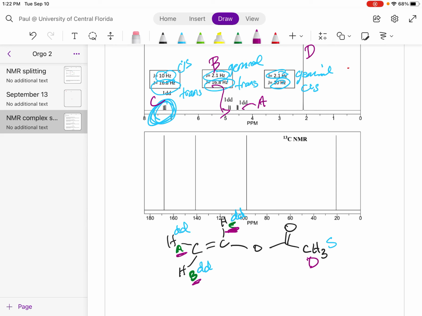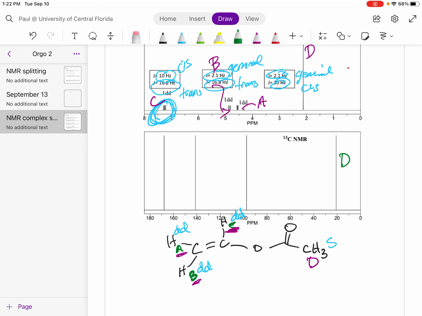And so when we go to look at the carbon-13, we can see that D is the furthest upfield. And what is the furthest downfield? That's the C proton. Okay, now we have to take a little step back here.